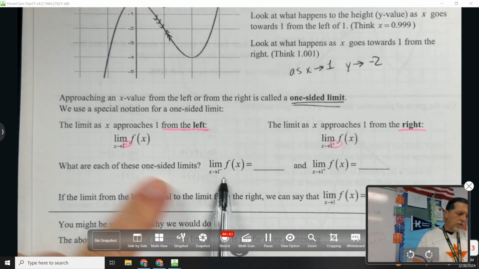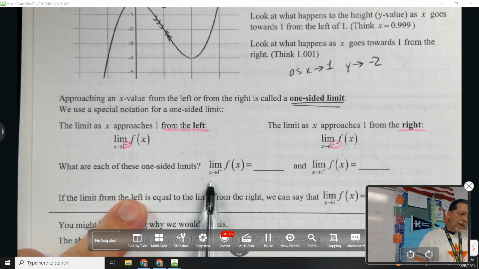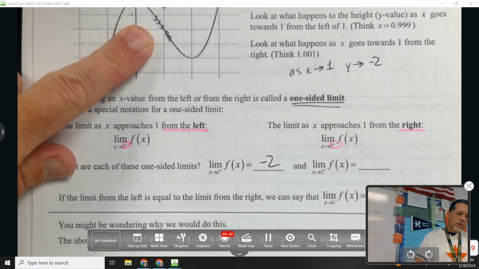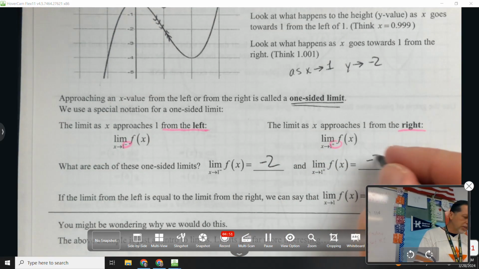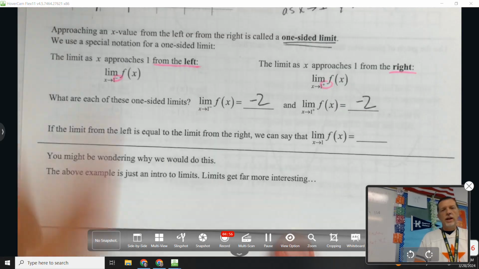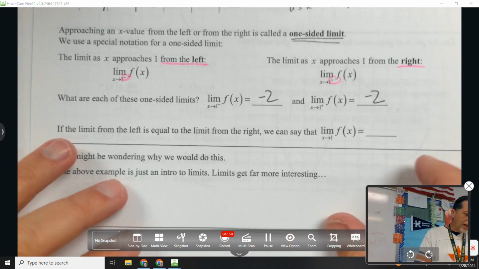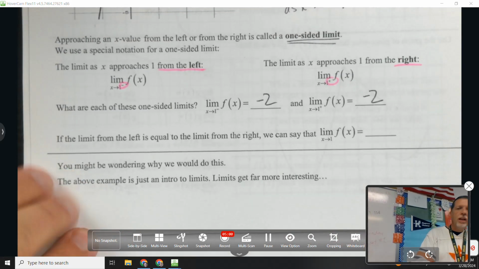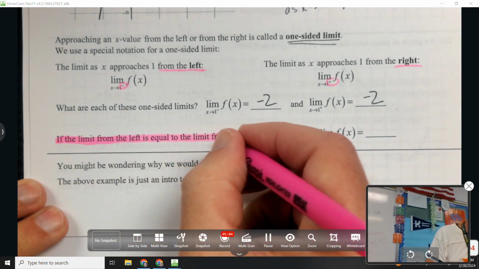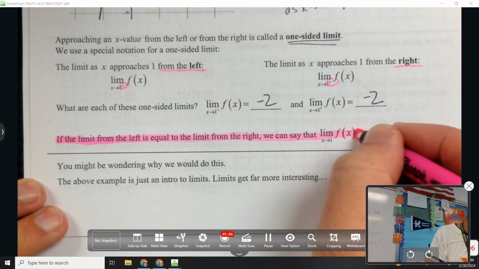So looking at what we just did, the limit as x approaches 1 from the left, we said that was negative 2. And from the right, it was also negative 2. Now, this next statement might seem like not a big deal, might seem obvious, and I guess it is obvious, but it's super important. If the limit from the left is equal to the limit from the right, then that limit exists.